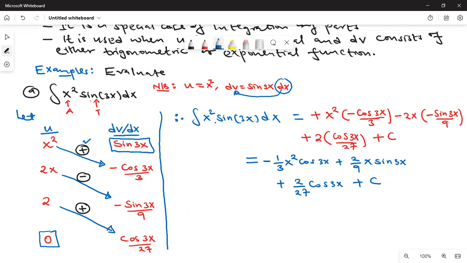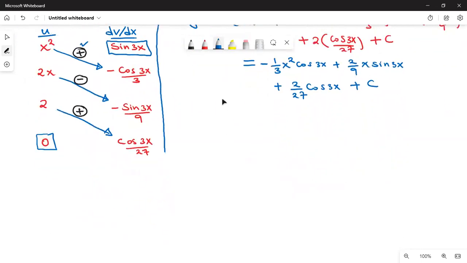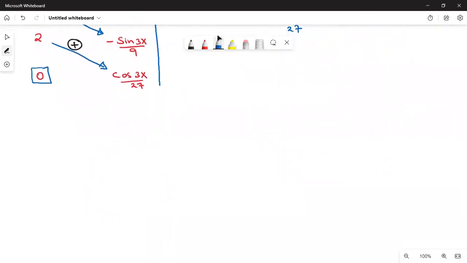I'm going to give you another example. So let us call it part B. In part B, we are asked to evaluate the integral of 2x plus 1, all cubed, times exponential 2x dx.